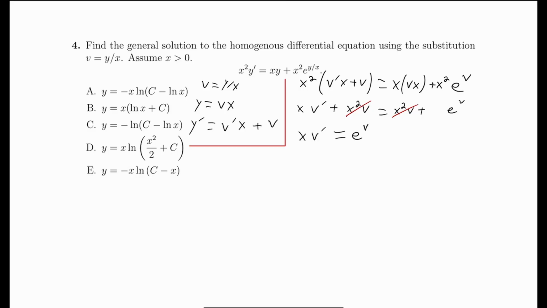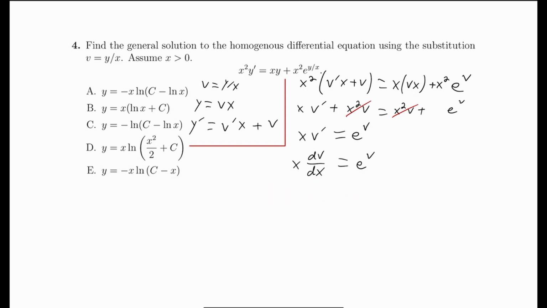To see what's next, I like to rewrite v prime as dv dx. And then you can probably see now this is a pretty simple differential equation. You can solve it just using separation of variables. So we need to move all of our v terms to that side, all of our x terms to that side.